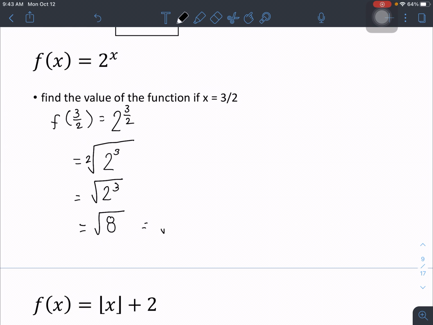The perfect square which is a factor of 8 is 4. So 4 multiplied by 2 is 8.